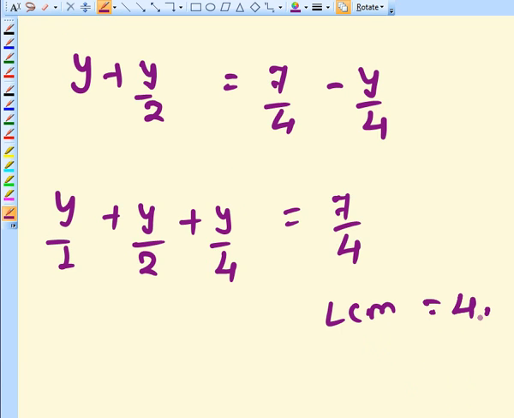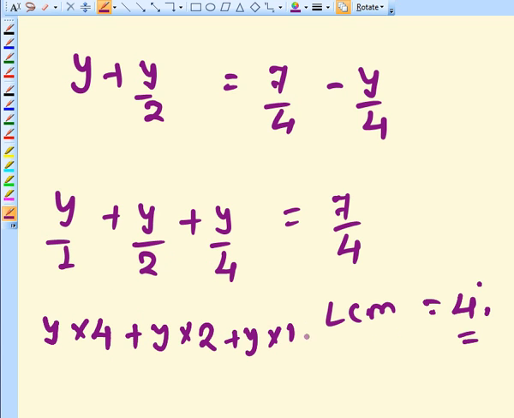So our LCM is 4 now, and as you know y by 1 and 4. So 1 4s are 4. So we will multiply y by 4. Then 4 is a multiple of 2. 2 2s are 4, so y into 2. Then 4 1s are 4, so y into 1.